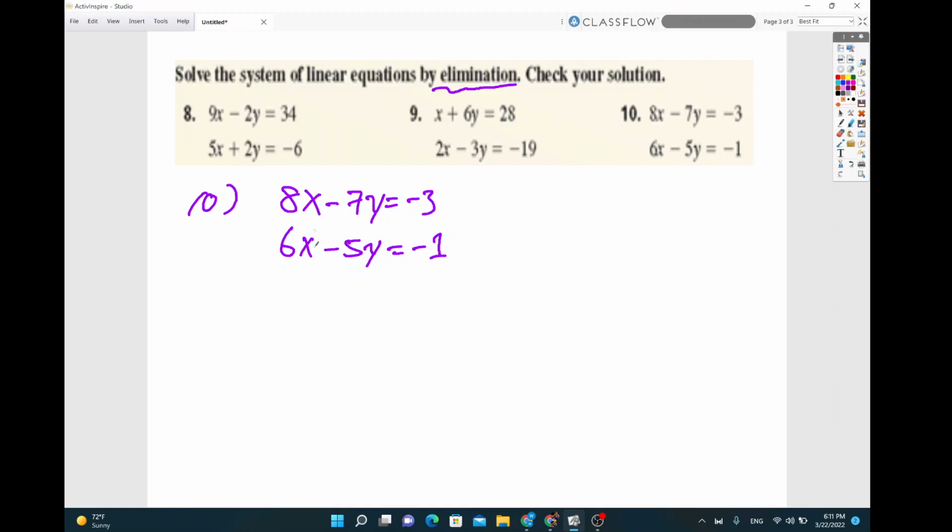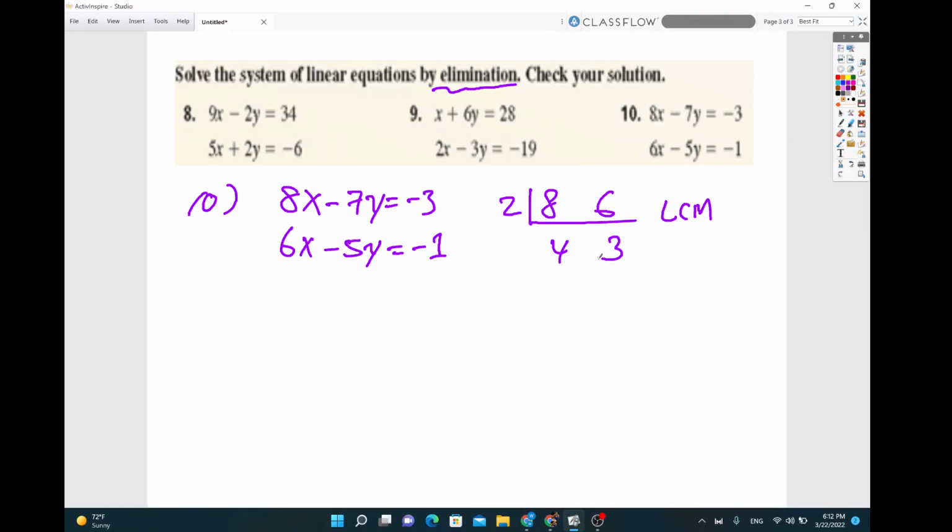So right now, you can determine whether you want to eliminate x or y. In order to eliminate the variable x, we want to find the least common multiple of 6 and 8. If you want to get rid of y, you want to find the least common multiple of 7 and 5. So let's find the least common multiple of 8 and 6. 8 and 6 are even numbers, so they're both divisible by 2. 8 divided by 2 is 4, and 6 divided by 2 is 3.